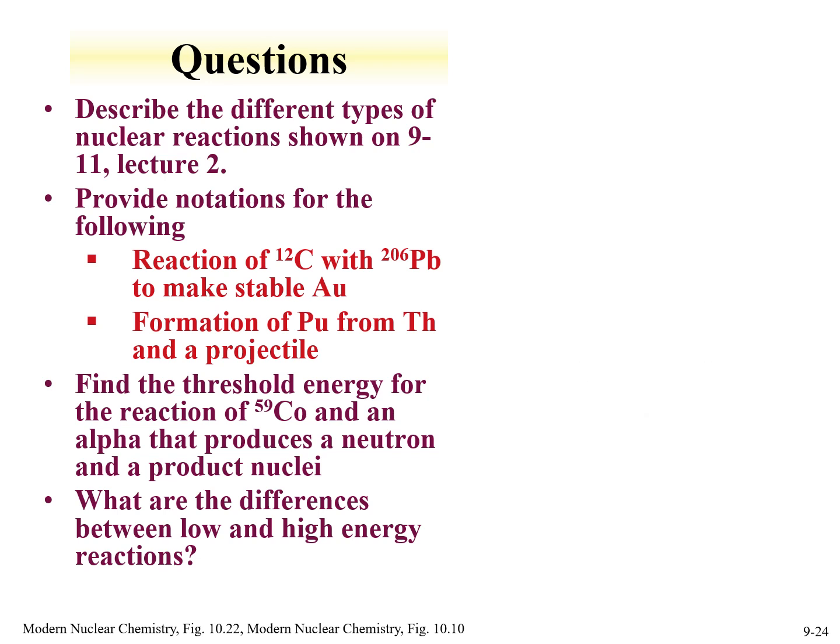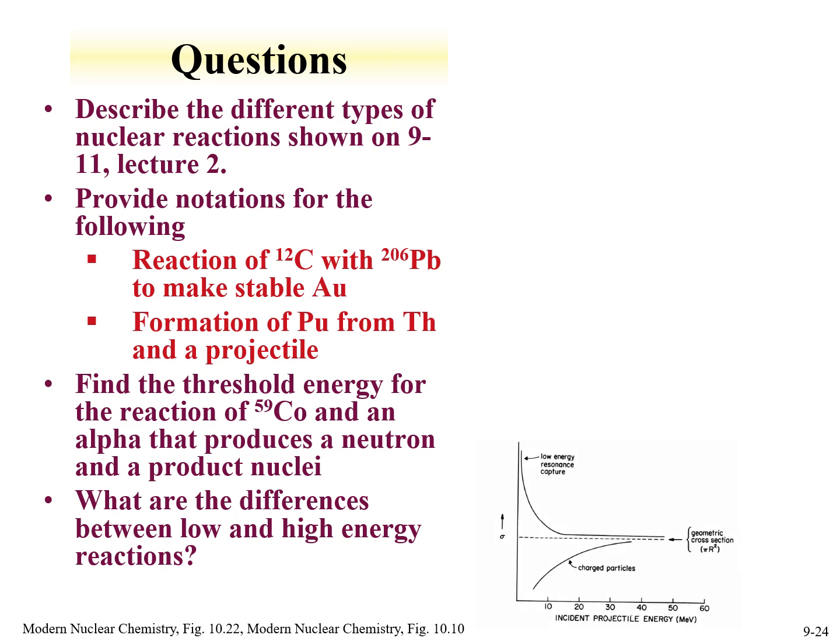And then, what are the differences between low and high energy reactions? Well, one of the things with that is depends upon what particles we're talking about. Often low energy neutrons have higher cross sections. They decrease and then they'll reach a constant value. Sometimes there won't be any cross section. So if you think about the fission cross section for uranium-235 compared to uranium-238, uranium-235 behavior is more like this.